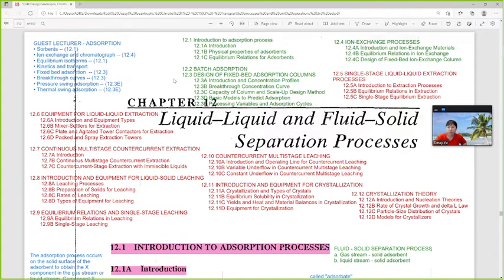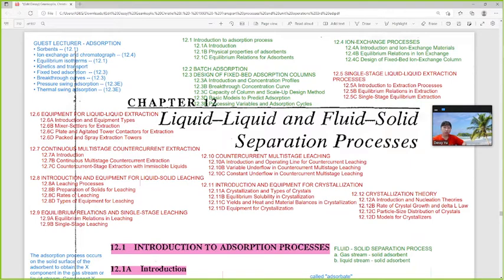The adsorption process is in chapter 12. Chapter 12 discusses liquid and fluid-solid separation processes. We just talk about the fluid-solid separation process, because liquid separation is different from adsorption.